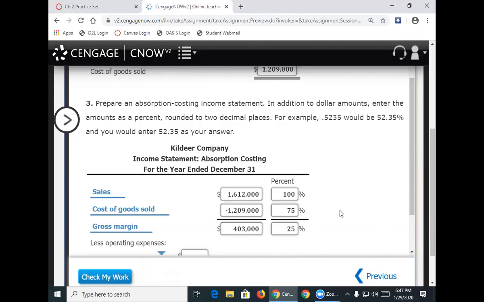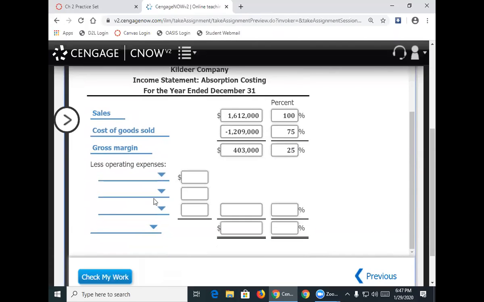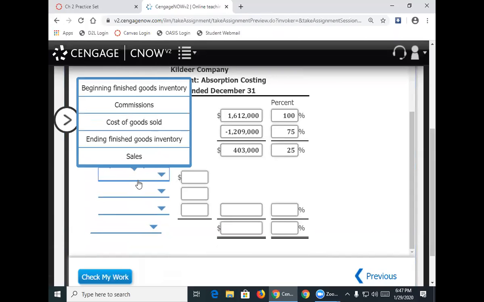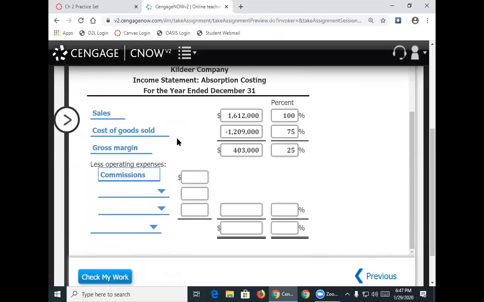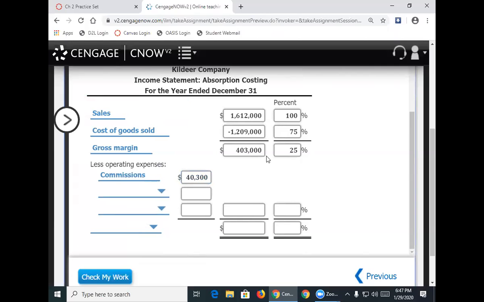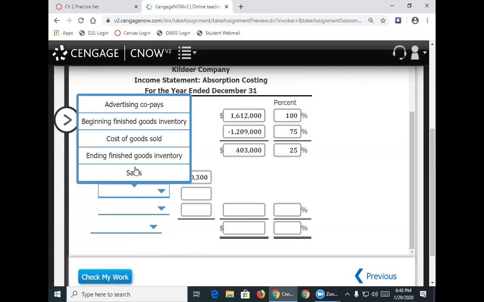So we have sales minus cost of goods sold, and we have our gross margin. Then we just take out our operating expenses. They told us commissions were $1.30 per unit. So if we sold 31,000 units, what's my total commission? 40,300. Very good. That was the $1.30 times 31,000 units sold. And then the other two are given.